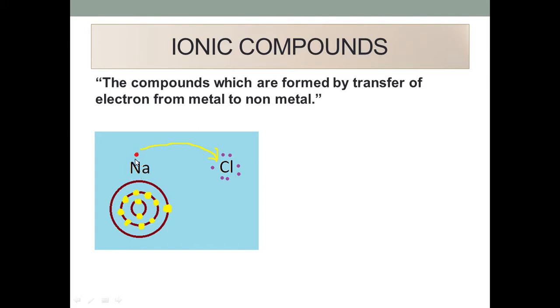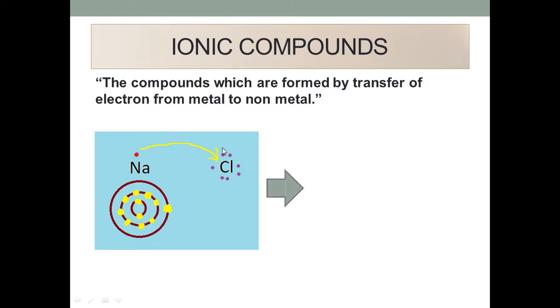So sodium has to lose this electron. In contrast, the chlorine atom has 7 electrons in its valence shell, and it requires one more electron to complete its octet. Octet means 8 electrons.